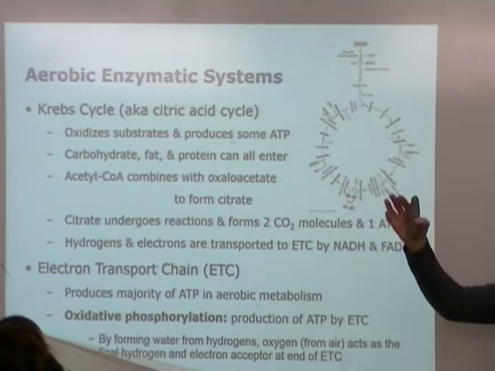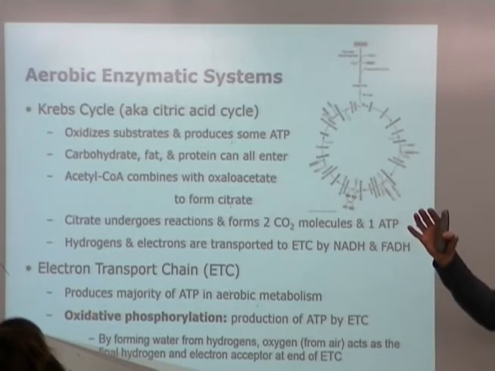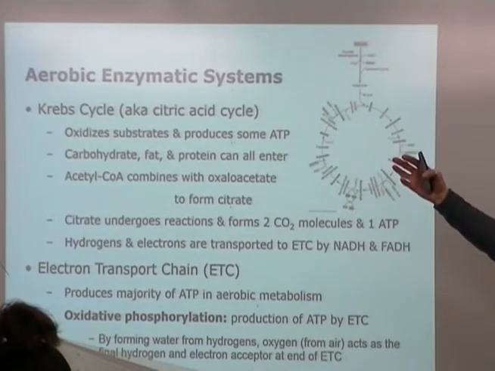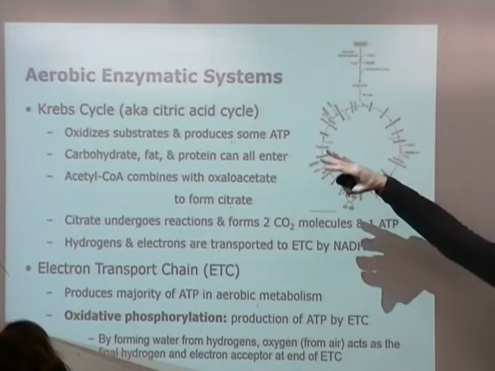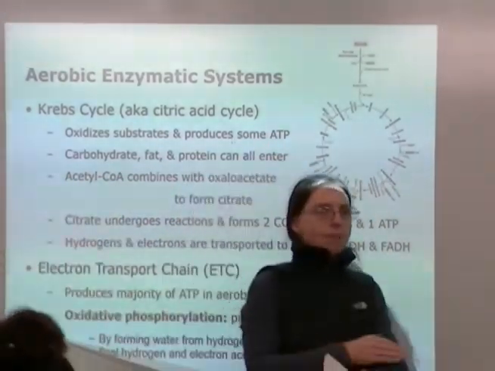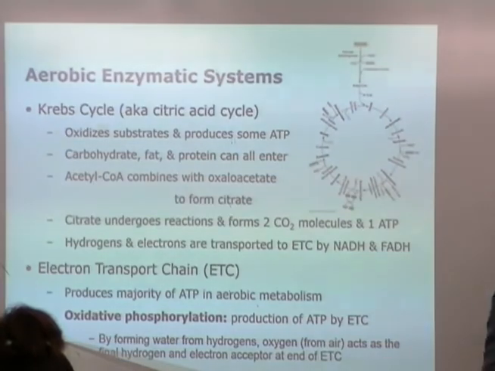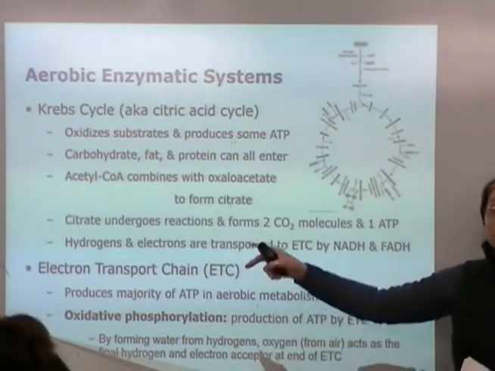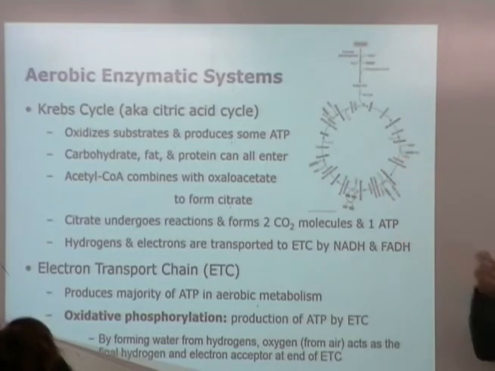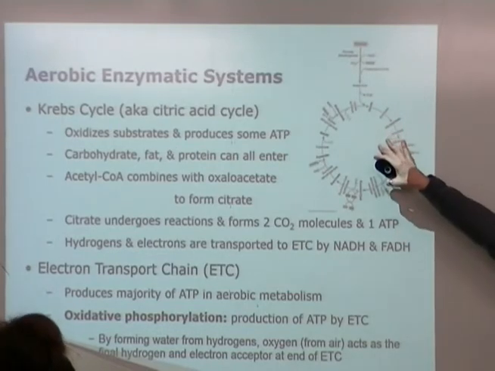But when we looked at that fat molecule, remember that fat molecule had like 18 carbons in it. So when I break fat down into acetyl-CoA, I get many, many more molecules of acetyl-CoA. And so I still only get 1 ATP per acetyl-CoA, but I have more acetyl-CoA in the first place.